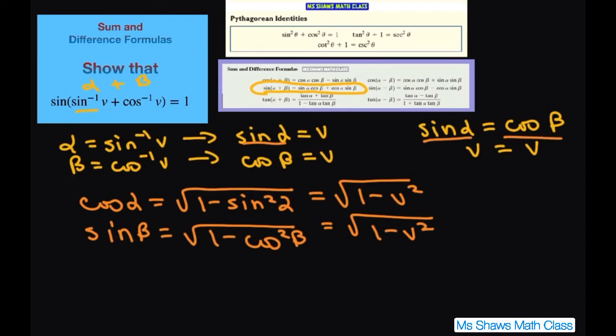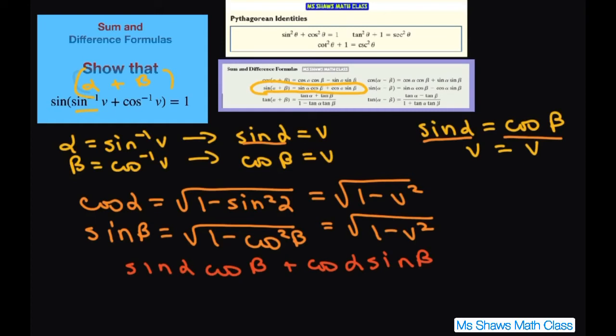So, using your formula, we have sine of alpha plus beta equals sine of alpha cosine of beta plus cosine of alpha sine of beta.